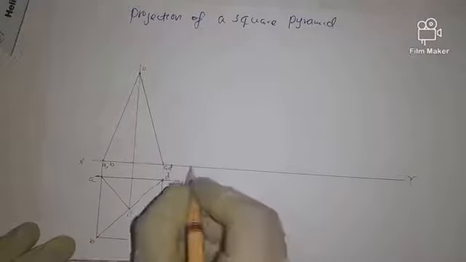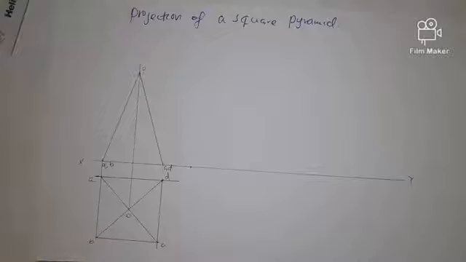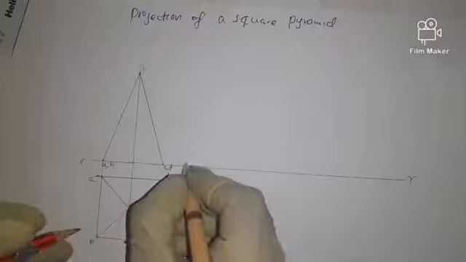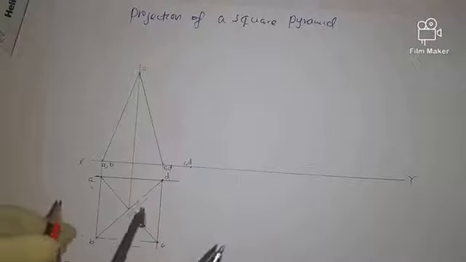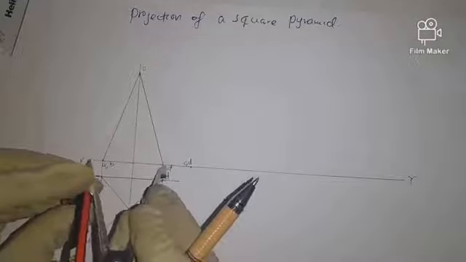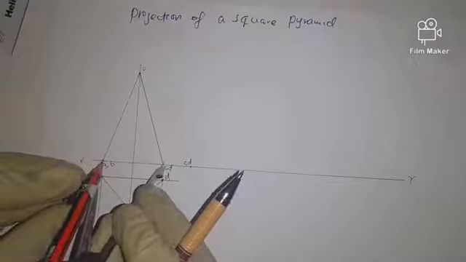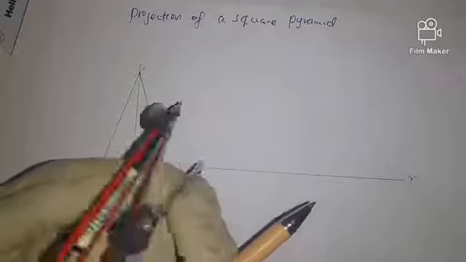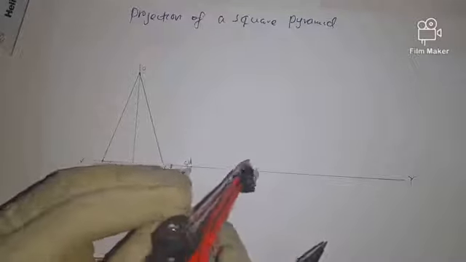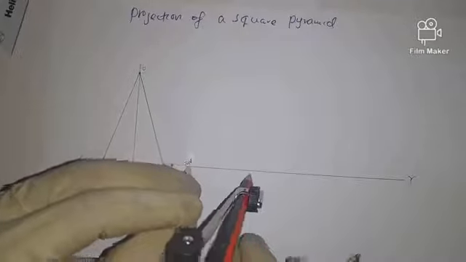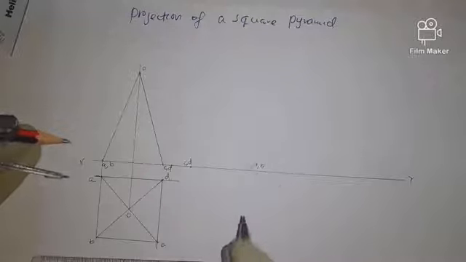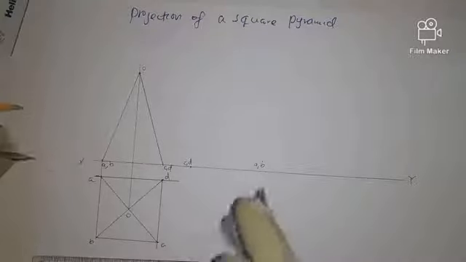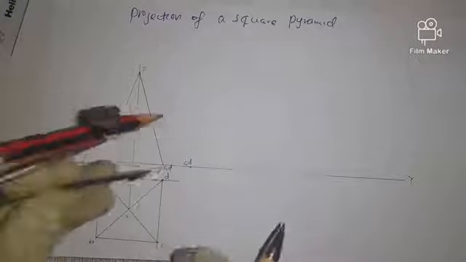Let's say we are starting from here. With your compass, you carry, because we are starting from C, D, this line is lying on this, so we are going to carry this distance, bring it here, to give us AB. Then we carry this one back to this side.